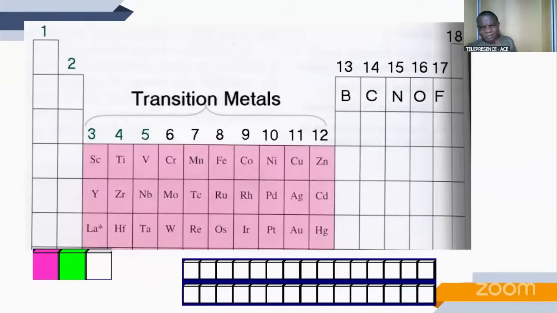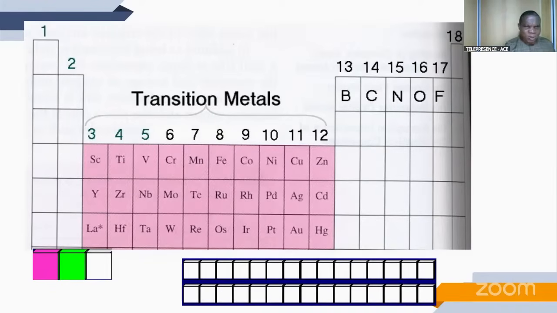From group 13 to 18 are the p orbitals, because the electrons are in the p orbitals, whether p1, p2, p3, p4, p5, up to group 18, p6. You will recollect that group 16 has 4 electrons in the p orbitals, while group 17 has 5 electrons in the p orbitals.